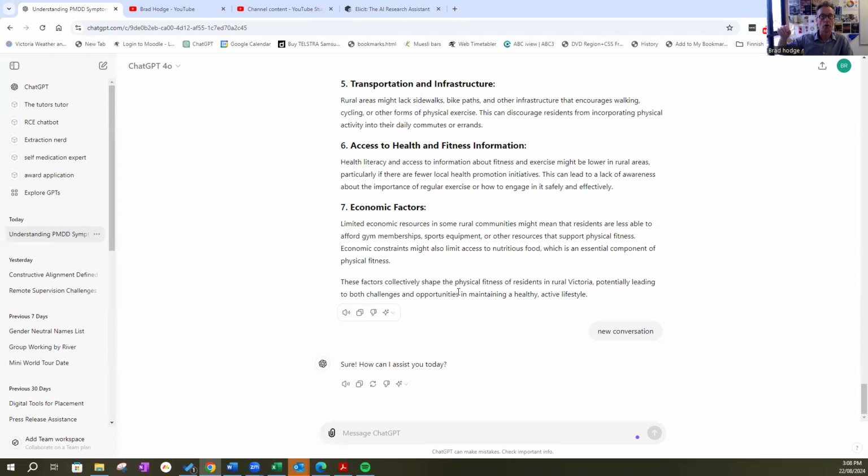It's a probability model based on the idea that when it's been given a whole heap of data, it's basically run this probability model going, okay, if this word comes first, what comes second? And then if this sentence comes first, what comes next? Because it's got such a big set of information that it's drawing on, it's really, really good at answering questions. So it doesn't know anything. It's just based on probability.